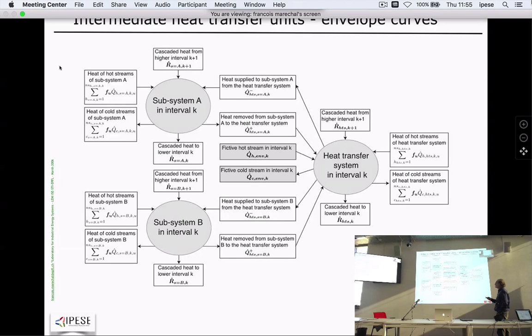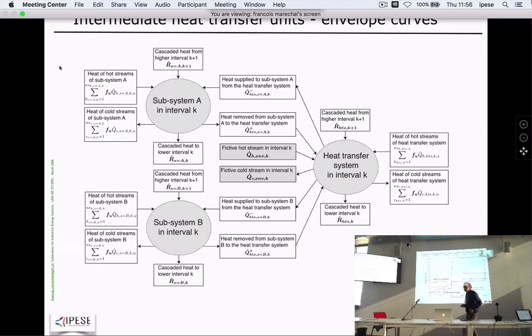There is another condition: if I receive heat from this one, from whatever side, the hot streams will have to have the lowest possible exergy content, and the cold streams will have to have the highest possible exergy content. And I'm going to add this into the optimization procedure.